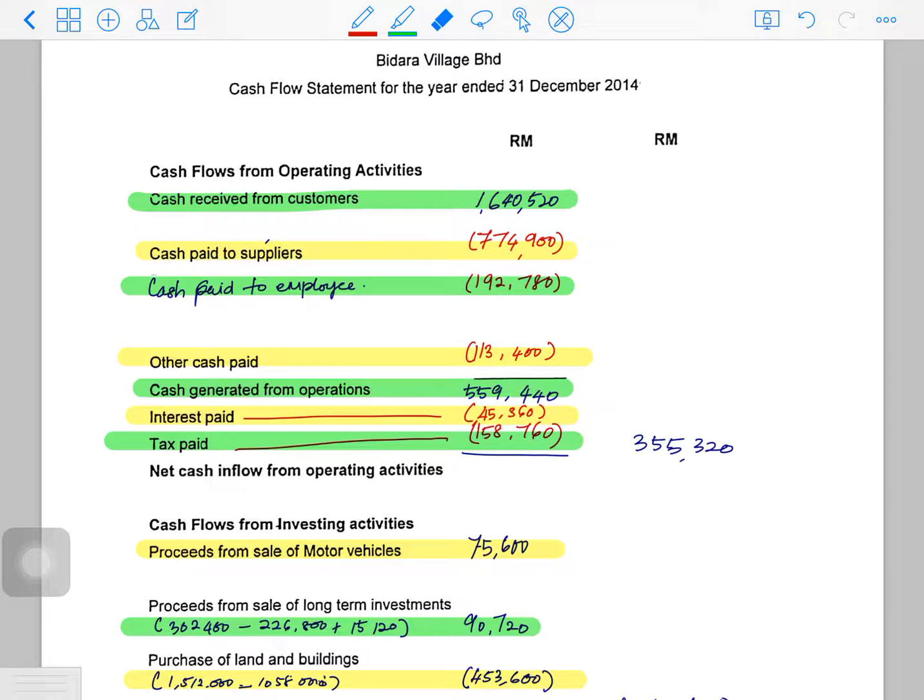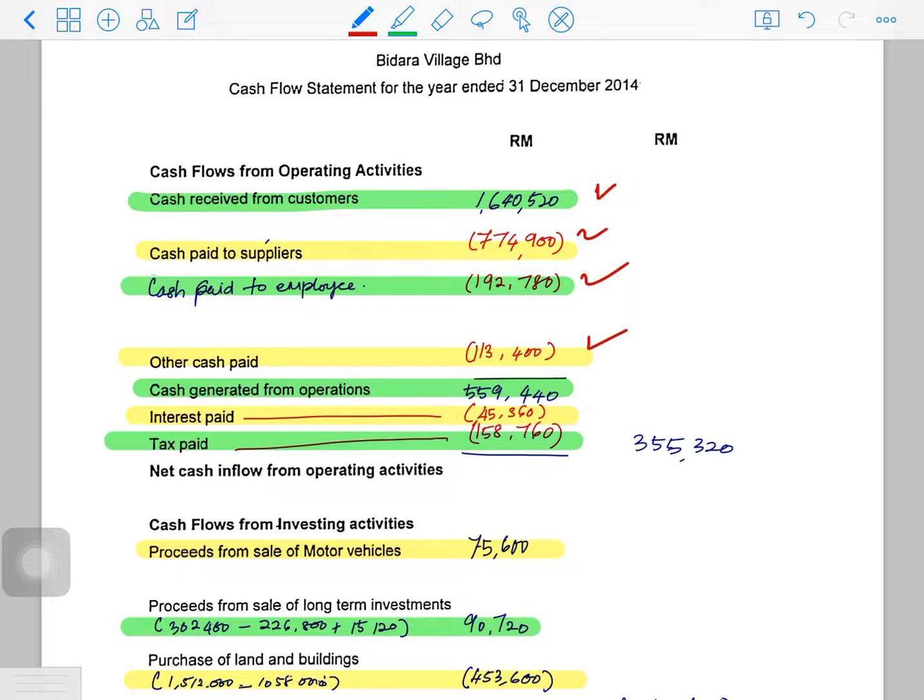Okay. So when you calculate that for operating activities yang kita ada tadi, cash received from customers, which is cash inflow, dah ada. And then cash paid to supplier, this is outflow. And cash paid to employee, outflow. Other cash paid, other expenses tu dah kita.